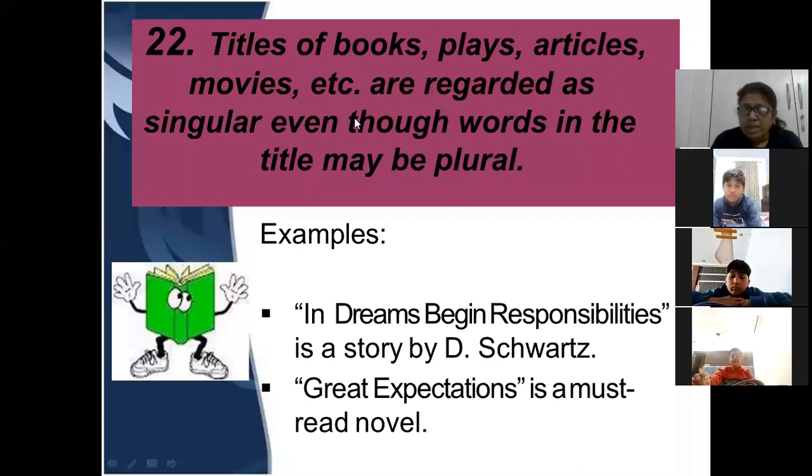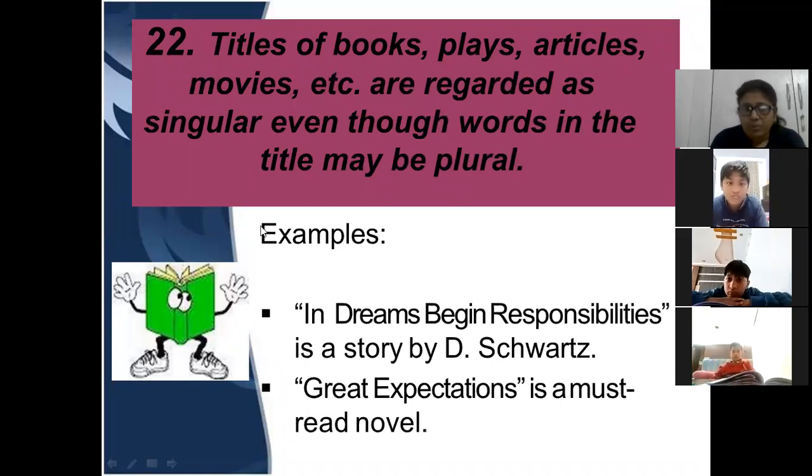Names, titles of books, plays, articles, movies, etc. are regarded as singular, even though words in the title may be plural. Now, when we read books or novels, they have some titles. The point is, if it is in plural, then also we regard it as singular and use a singular verb with it.